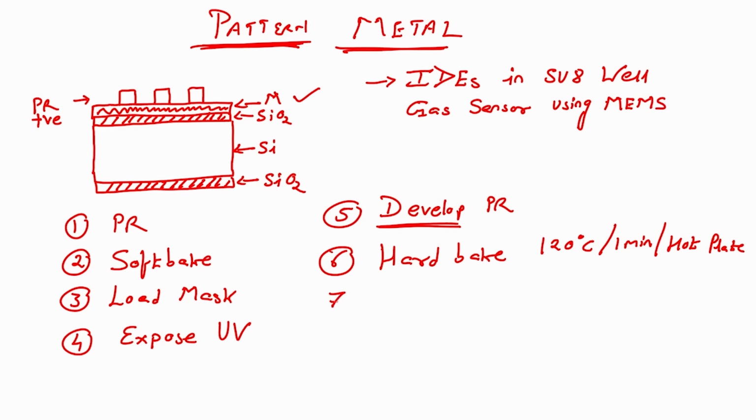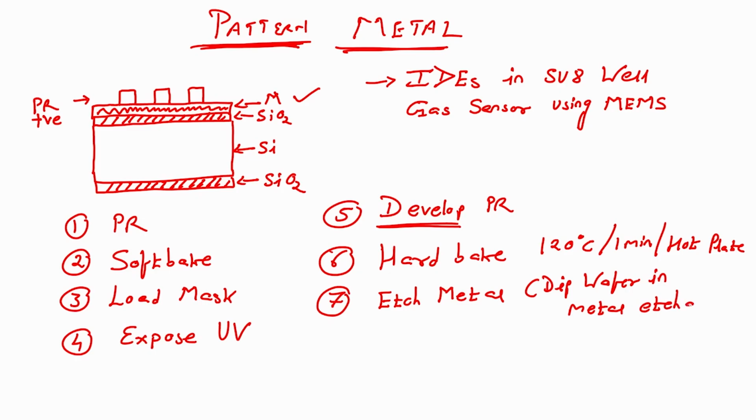After that, what is the next step? Next step is to etch metal. That means we will dip the wafer in metal etchant.